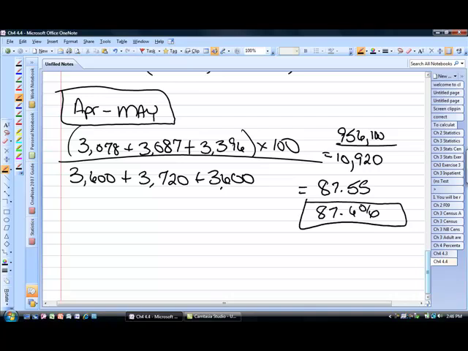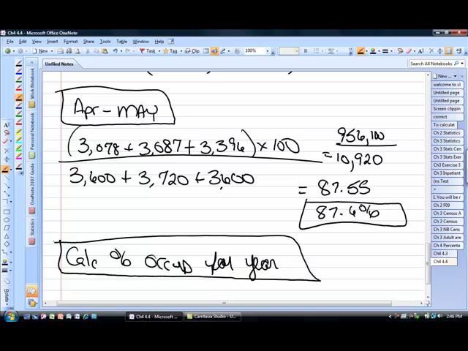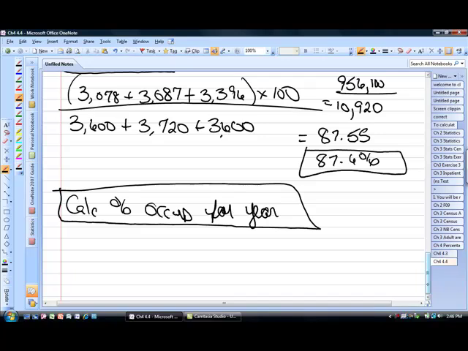Okay, we're going to take a quick look at the third portion of this assignment. It says calculate the percentage of occupancy for the entire year. As you can see, this seems like it could be very hard, but if you break it down, it's actually very easy. It just seems a little bit harder than it actually is. Okay, percentage of occupancy for the year.